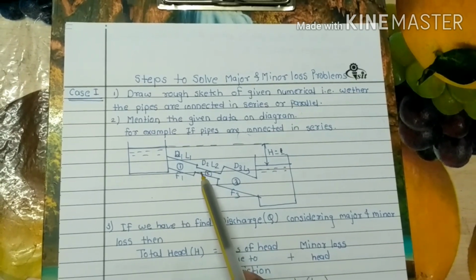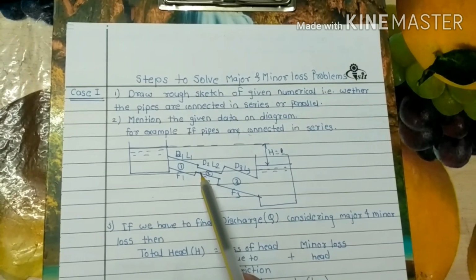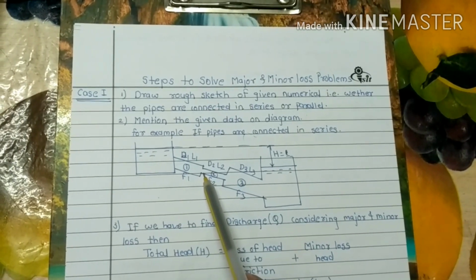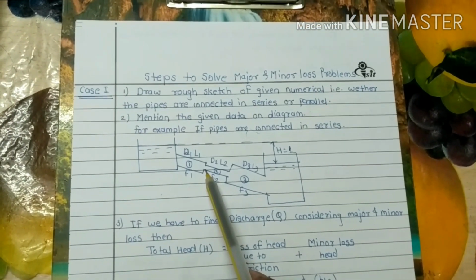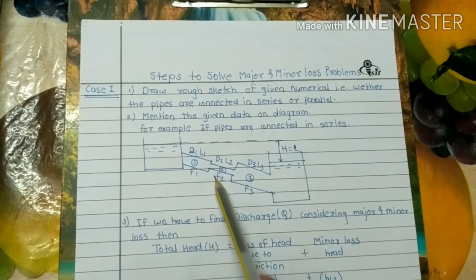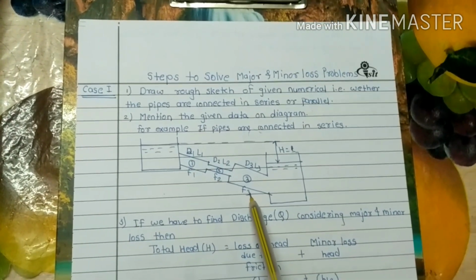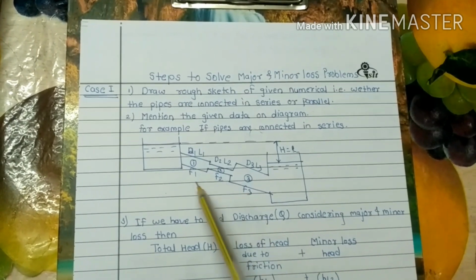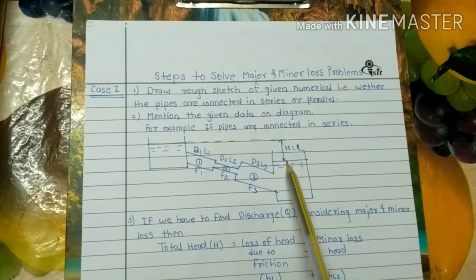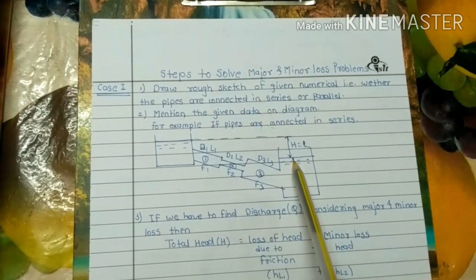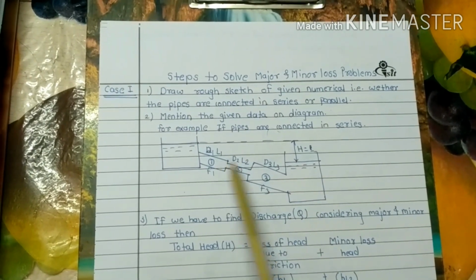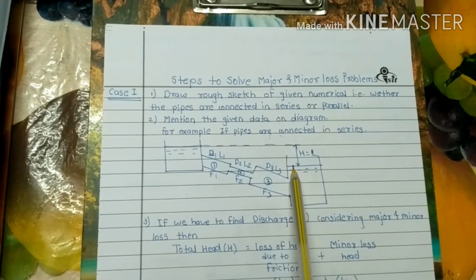After drawing it, if minor losses have to be considered, we can easily find how many minor losses there are. In this case, there are three pipes having three different diameters and lengths, the friction factors are given, and the head is given between the two reservoirs. So we can easily understand that there are three pipes, their dimensions, and what the head is.